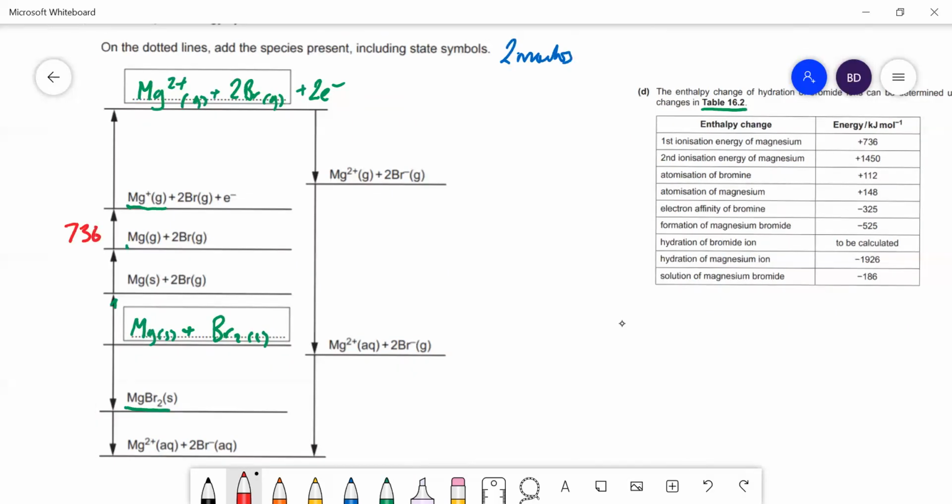The second ionization energy, that's that one there, that's 1450. The atomization of bromine, well, here we atomize bromine, this step here, but we've got to be careful because we form 2 moles of bromine, so it's 2 times 112, which is equal to 224.